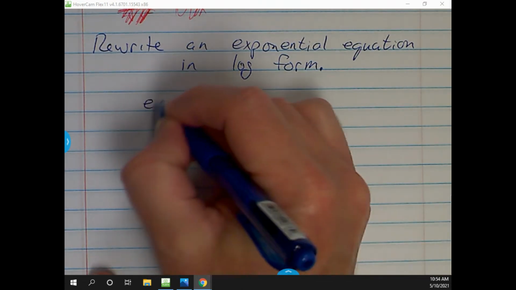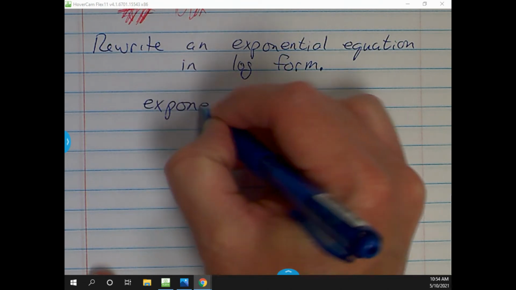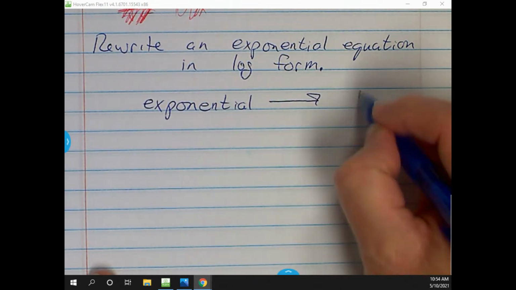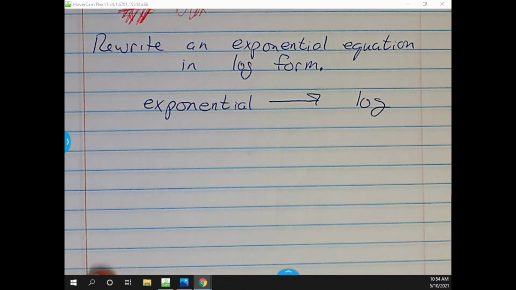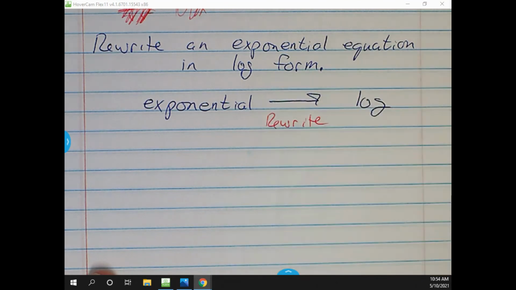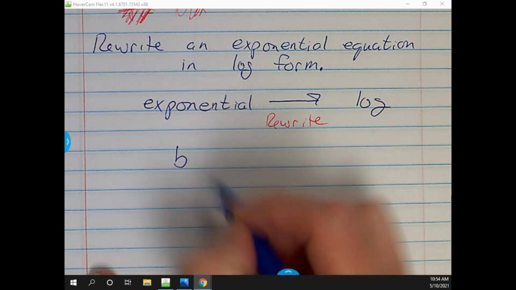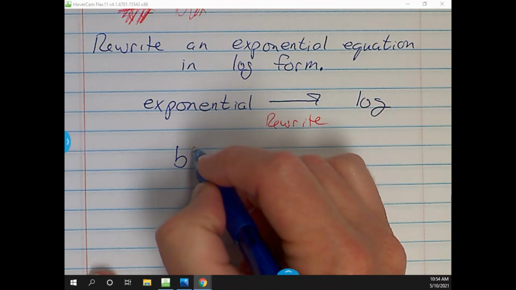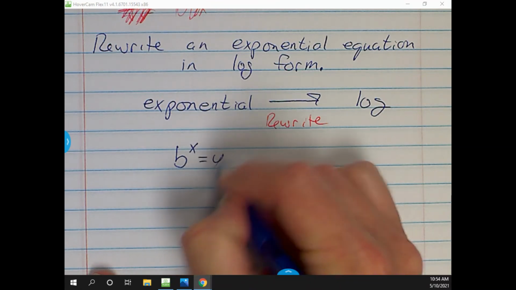So if we have something in exponential form, they're going to ask us to change it and put it in log form. So this is where we're going to have to rewrite it. All right, so here's what we're going to do. We've got some exponential base, so we're going to say b to the x power equals y.